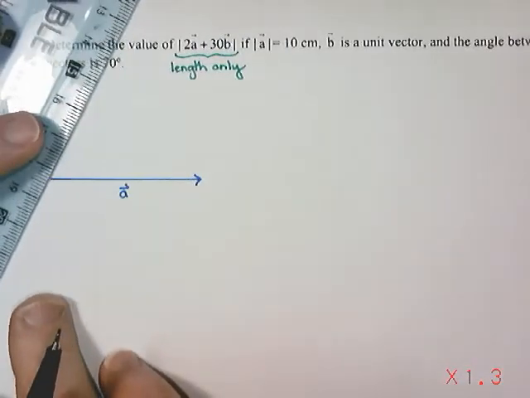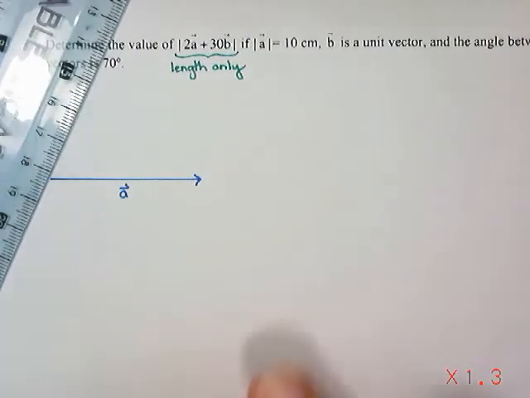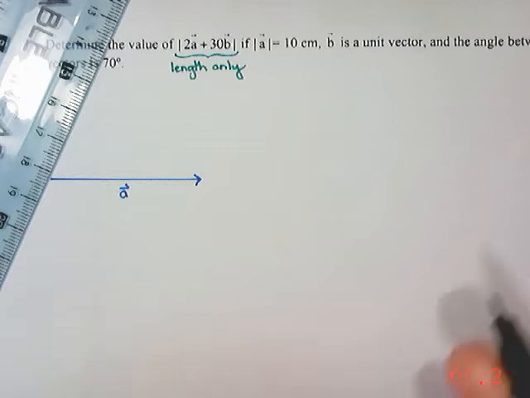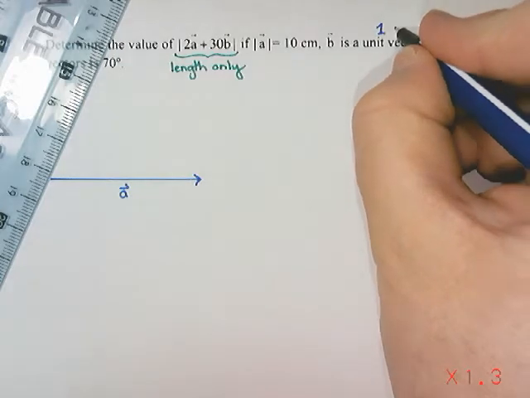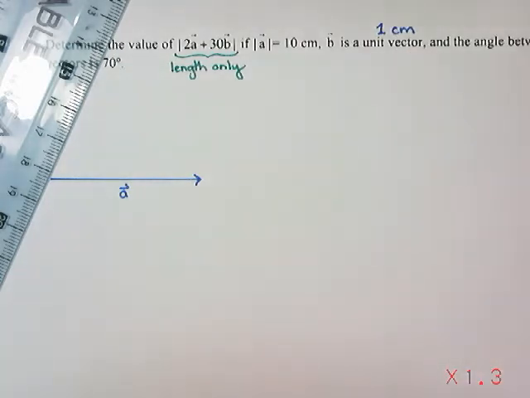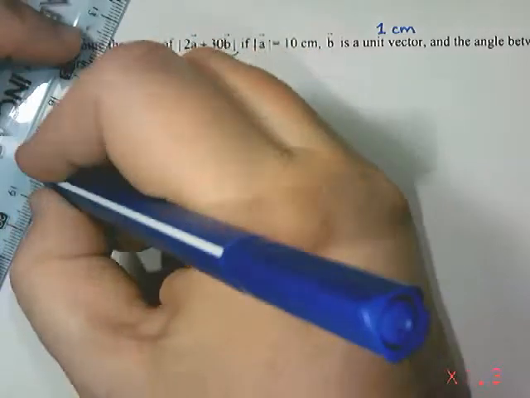That's a pretty big angle. And B is a unit vector. What does a unit vector mean? We learned on the very first day that a unit vector would be 1 unit long. So in this case, it is going to be 1 centimeter because this is in centimeters. So obviously shorter than that.